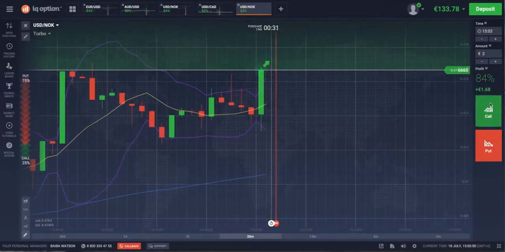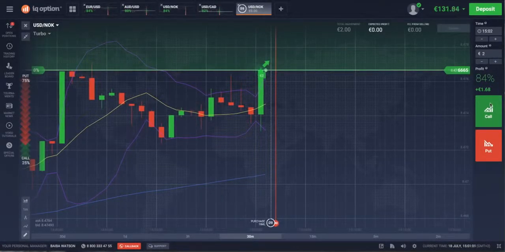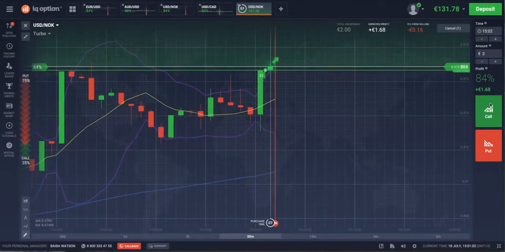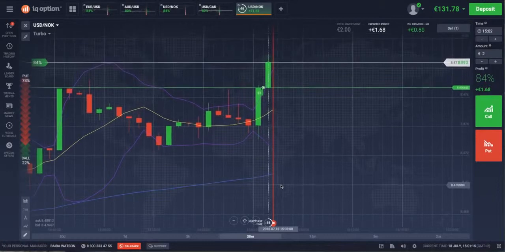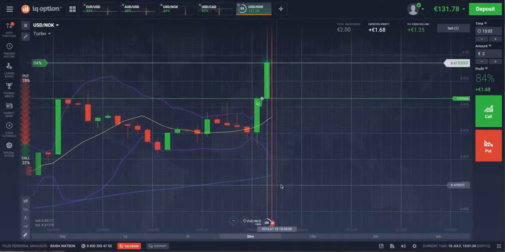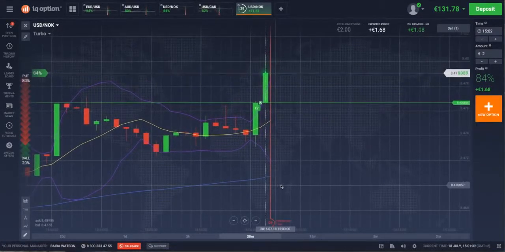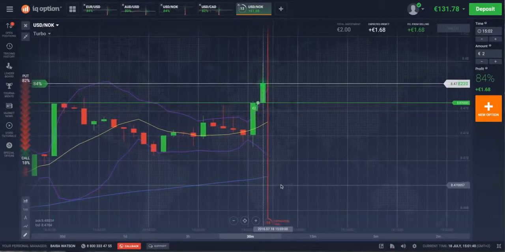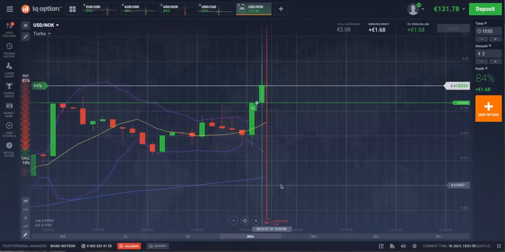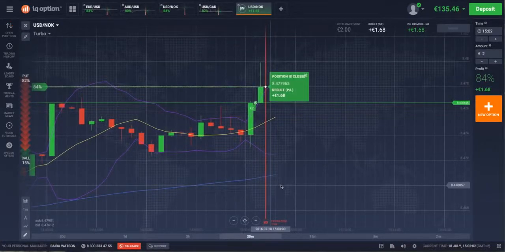Also, if I invest 2 and we invest on call, so in the money at the first investment without raising with the martingale system with this strategy.